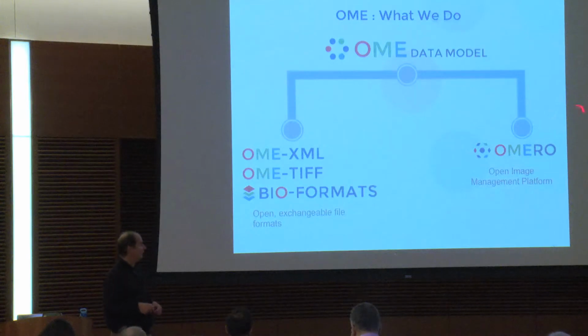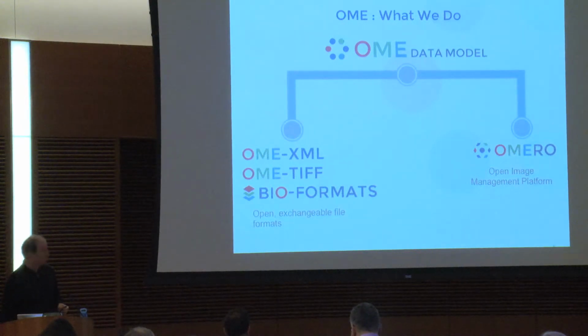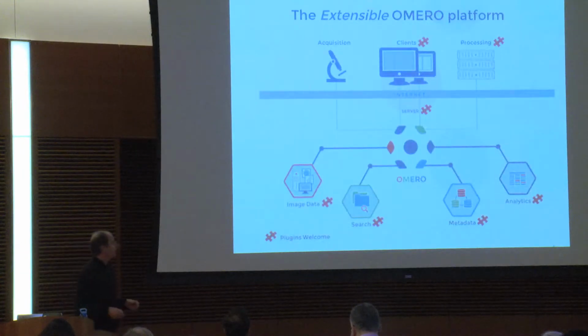I will now concentrate on a third important part of the OME, and this is OMERO, which is an image management software. OMERO is a platform, a software which stores your images on a server. So it's a server client application.